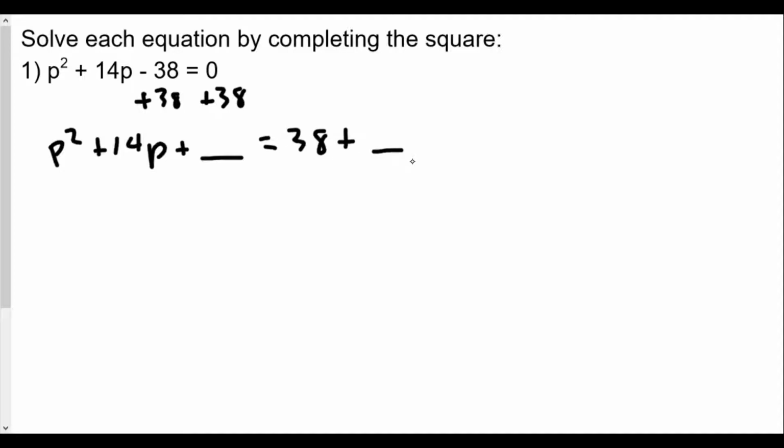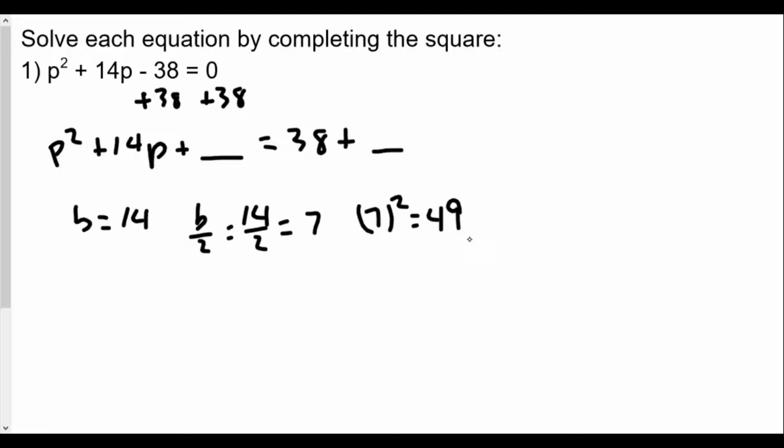The b value here is positive 14, so we'll take b over 2, which is 14 over 2, and we get 7. We then take that number 7 and square it to get 49. That 49 will go into the blank spaces on the left side and the right side.